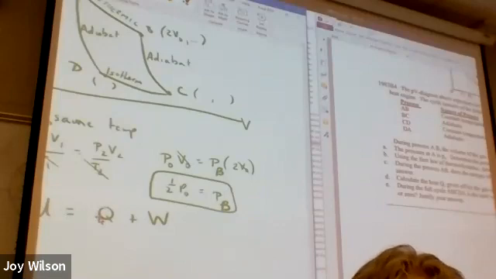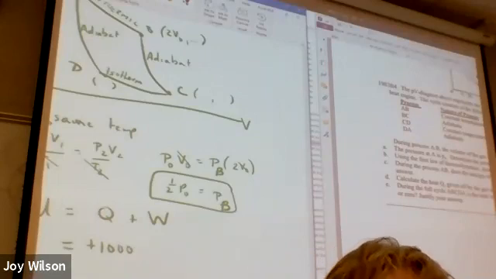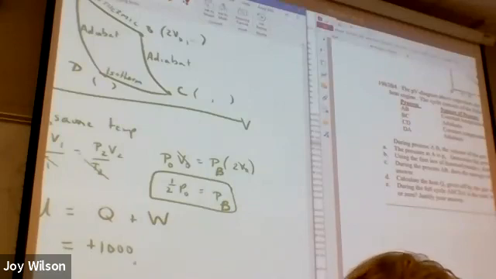If you absorb heat energy, your system now has more energy than it had a minute ago. So Q will be positive. More heat energy, more energy in the system. So this piece is plus 1,000.